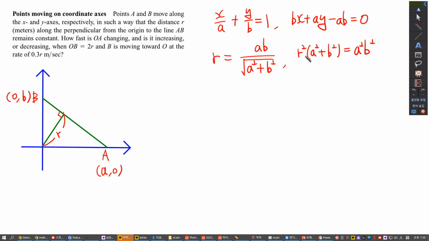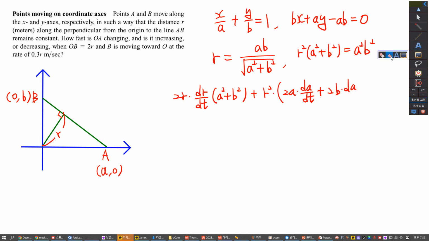For the left side, I'm going to use the product rule. For the right side, we also need to use the product rule.